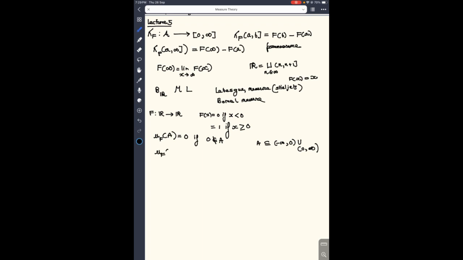And mu F of A equals 1 if 0 belongs to A. Clearly, because mu of {0} you can check will be 1, and A minus {0} is again measure 0 by the previous statement, because 0 is not contained there. So this measure is called a Dirac measure, or the point mass measure. And this will help us create many counterexamples.